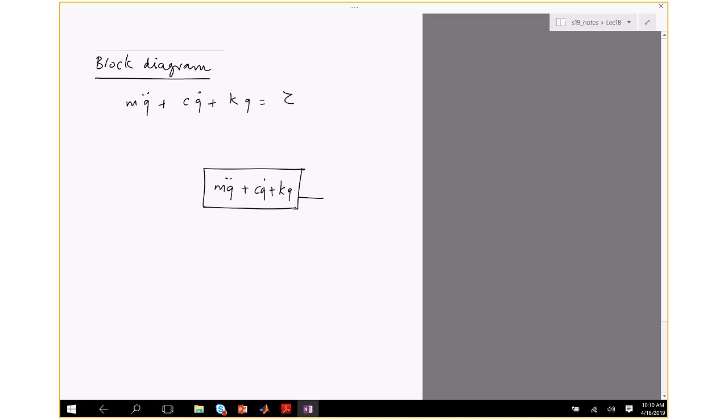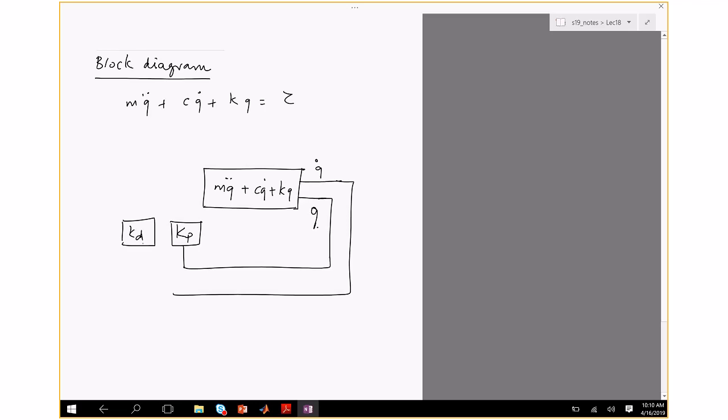There are sensors which give you Q. An encoder would give you Q for a rotary joint, and Q dot. This information goes to your controller, which in this case is KP for Q, KD for Q dot.